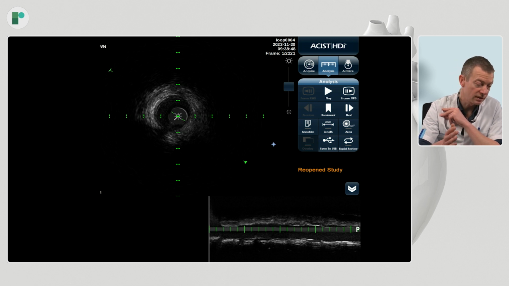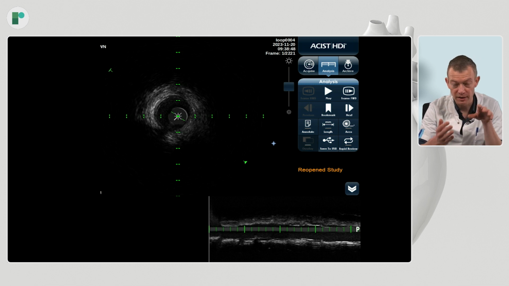Why? Because only in this way you can accommodate and use this pullback to do additional sizing in case you have major edge dissections or missed plaque or geographic miss or whatsoever. And then you can use this pullback to measure the length from, let's say, this distal reference frame up until the distal stent edge and will help you to make the best out of the pullback in this case.